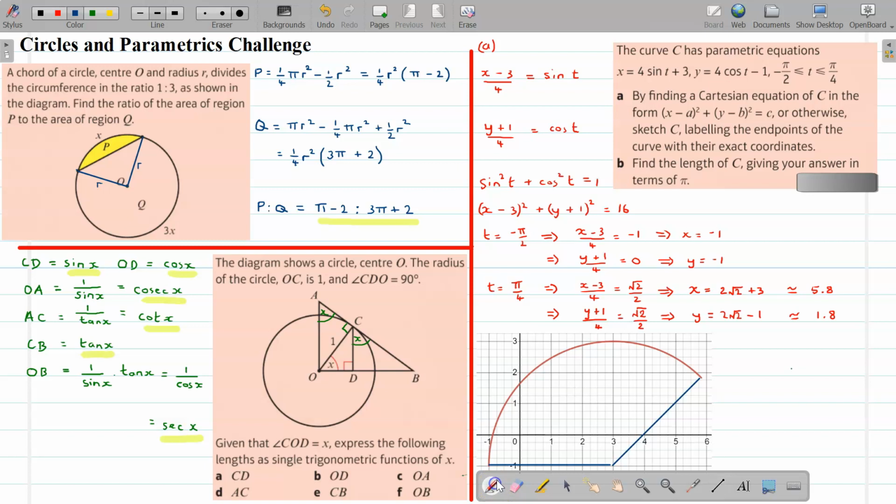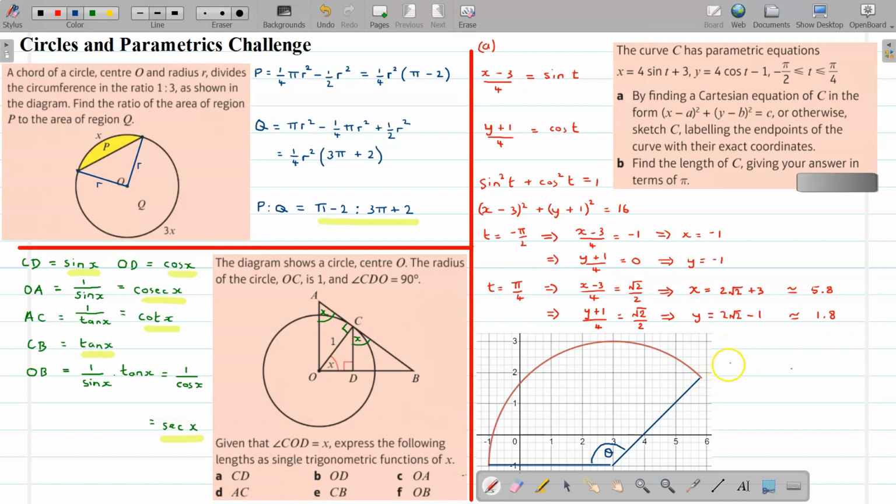So the length of an arc of a circle is r theta, where theta is the angle in radians. So if I just put that as theta, and that angle there is 3/4 of pi, isn't it?